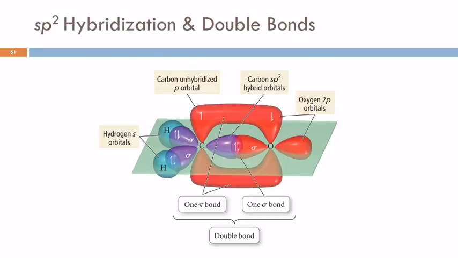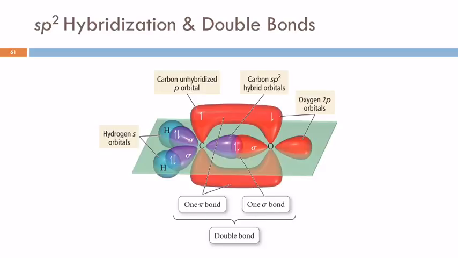But then we also had a p orbital on the carbon and a p orbital on the oxygen that were not hybridized. They were both half full. So this is the p orbital. This one's going up and down, and that one's going up and down. Those can overlap side to side and form a bond.